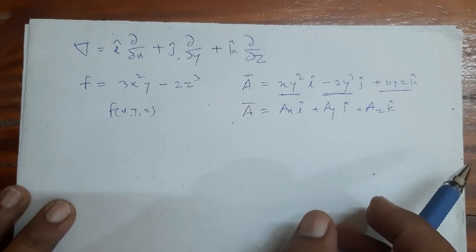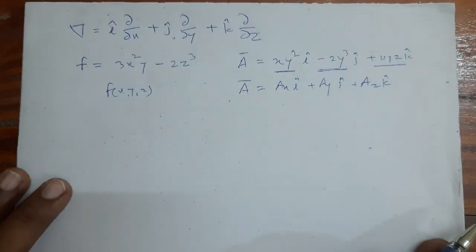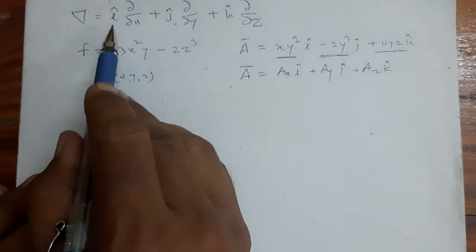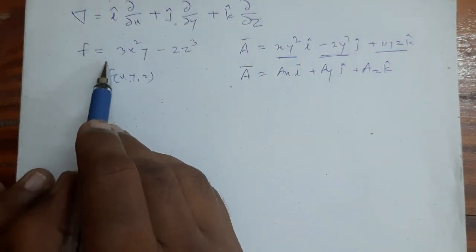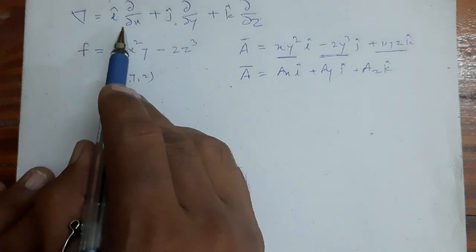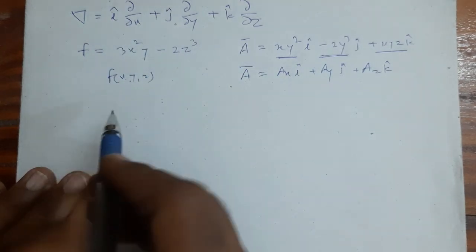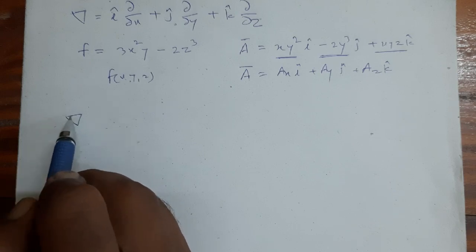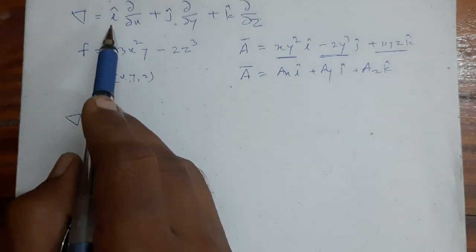Now, in this video, we will discuss the operation of the del operator on the scalar function and the operation of the del operator on the vector function. As we know, the del operator is a vector derivative operator, and it is a vector quantity.